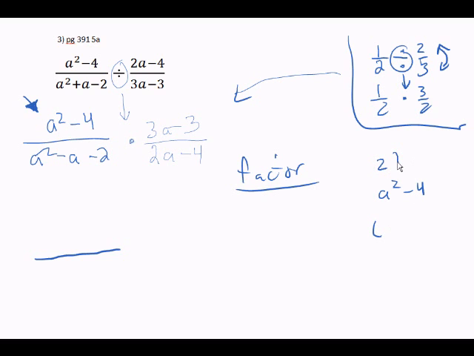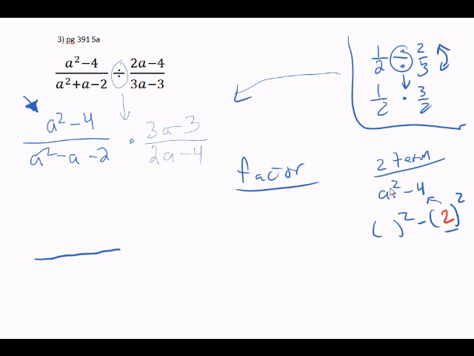So, factoring: the two-term method. I'm going to do this on the side. When you have two terms, what you have to do is try to make it into squares.